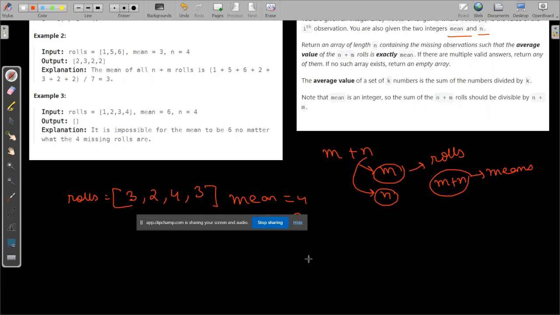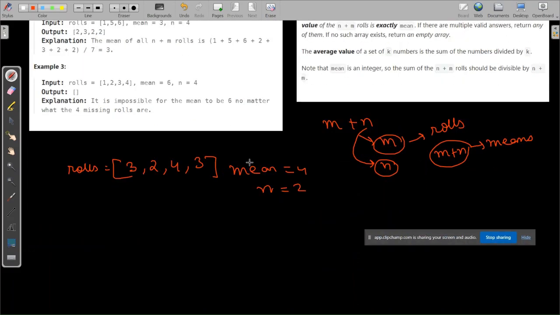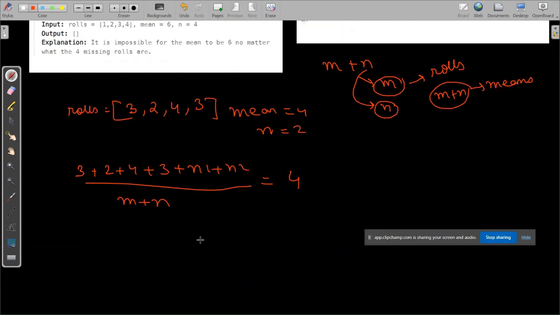My mean is 4. That means I can easily say that 3 plus 2 plus 4 plus 3 plus the two elements of n, that means n1 plus n2, divided by m plus n is equal to 4. This makes sense.